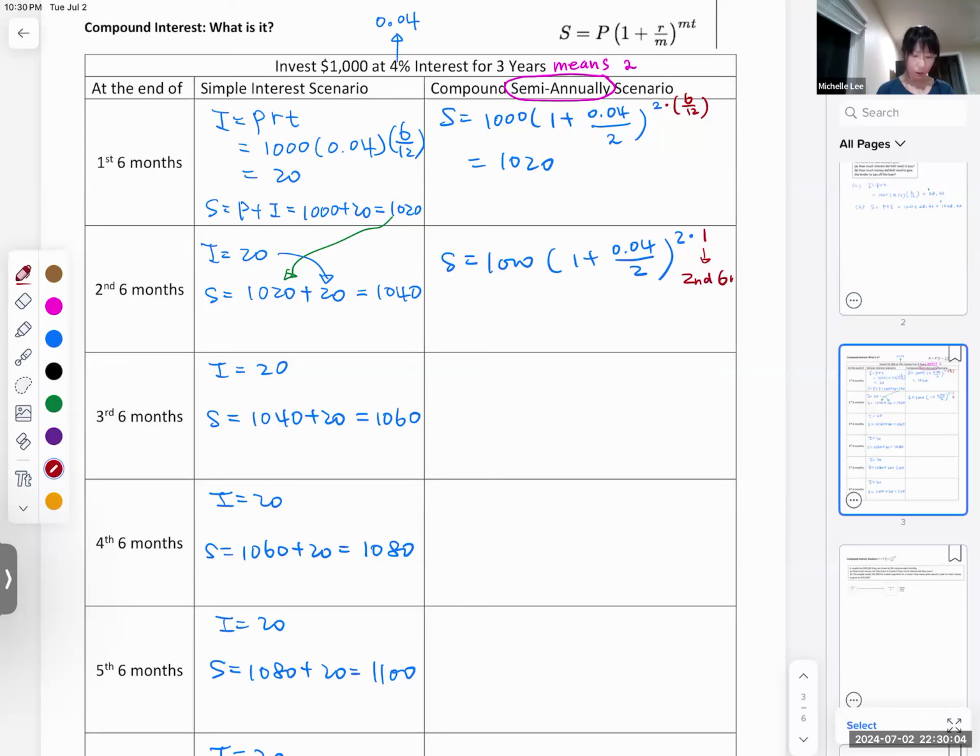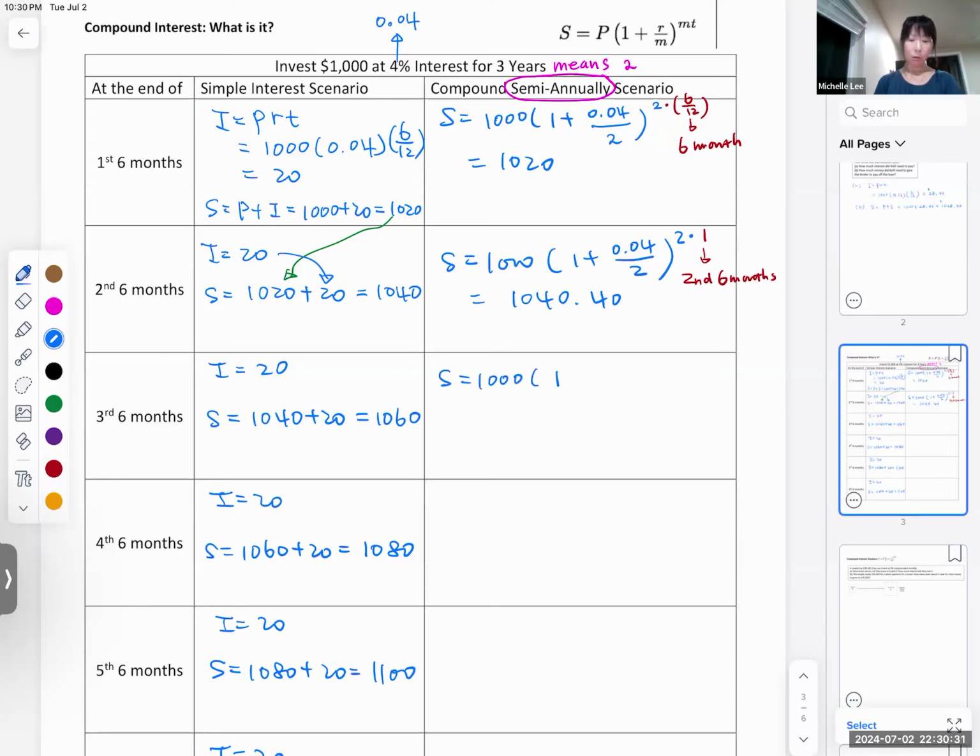If we calculate this one, we have $1,040.40.